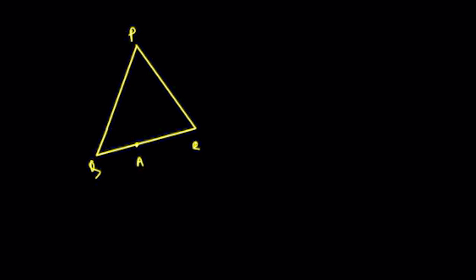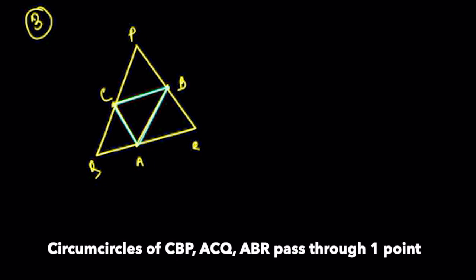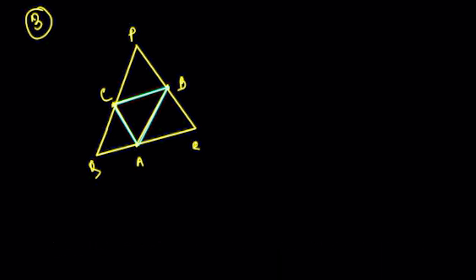So this is A, this is B, and this is C. So we have this triangle ABC like this. So this is triangle PQR. Then the circumcircles of CBP, ACQ, and BAR have a common point.